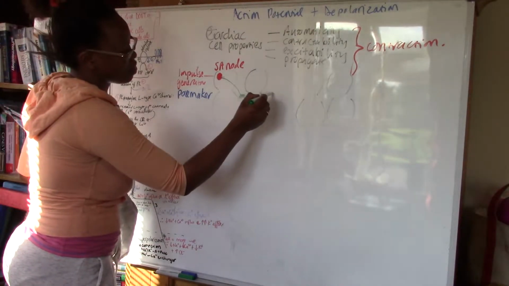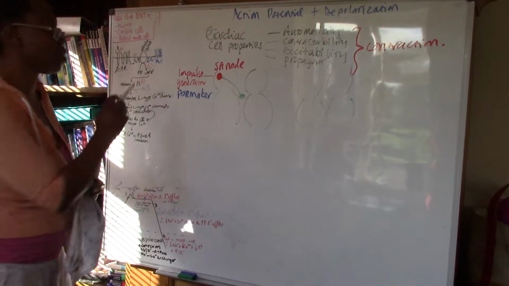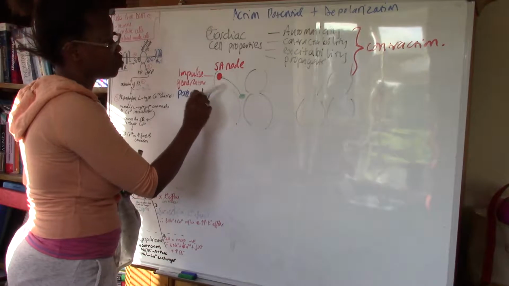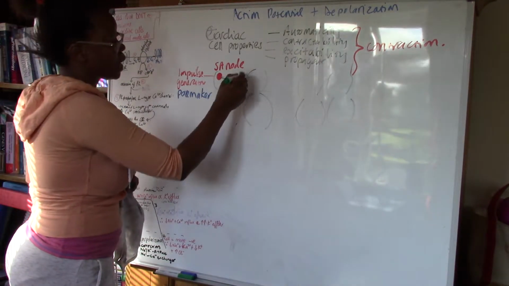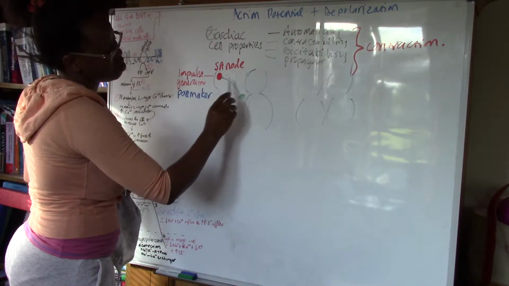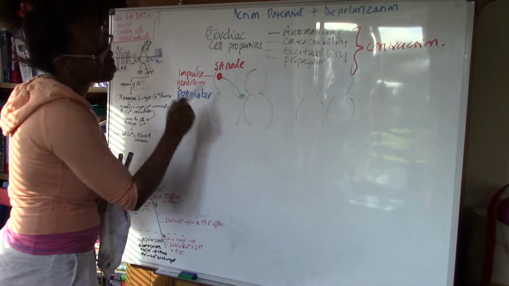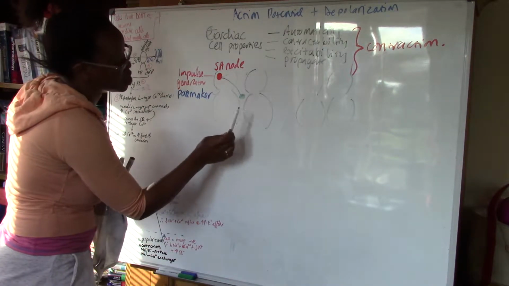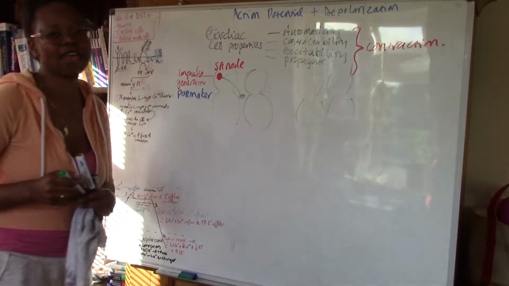We must remember that we have an annulus fibrosus there that forces all the impulse to travel down using this pathway. While atrial contraction causes the left atrium to contract as well, the impulse that causes ventricular contraction travels down through the AV node.